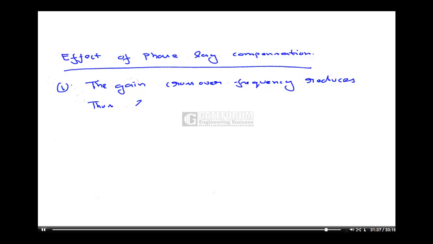Thus bandwidth is low. Okay. Time constant of a system is increased. Thus the time constant is increased, system becomes slow.